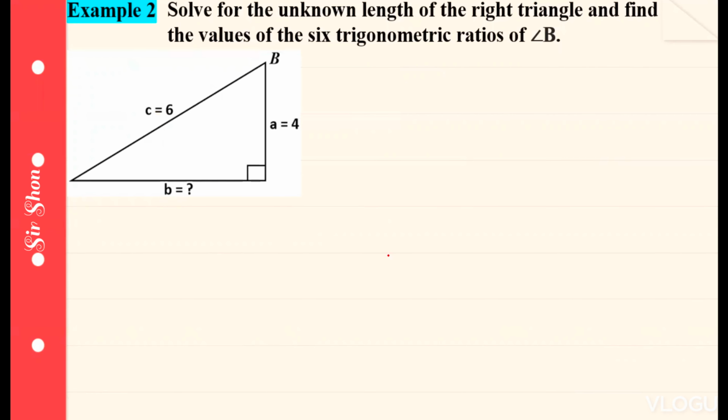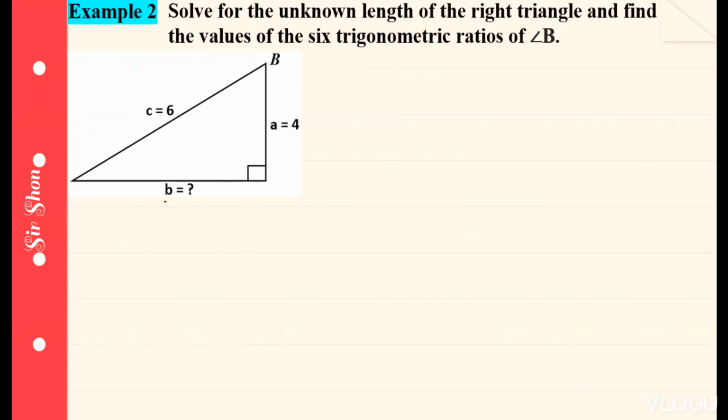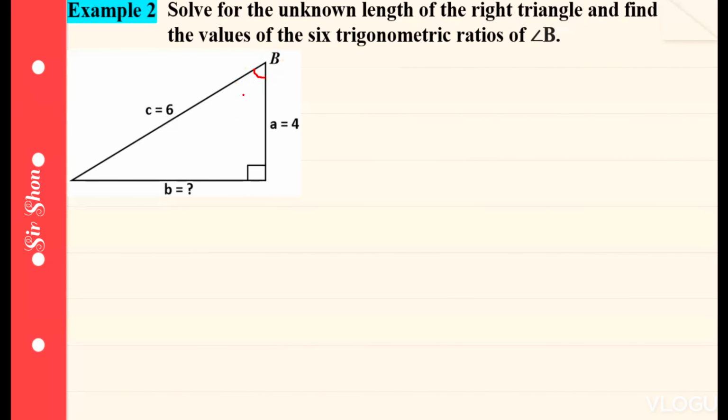So here, we have the missing length of a triangle, which is letter B. In our figure, the given angle is angle B. So we have to focus only on angle B to identify the sides of a right triangle, whether it is hypotenuse, opposite, or adjacent.